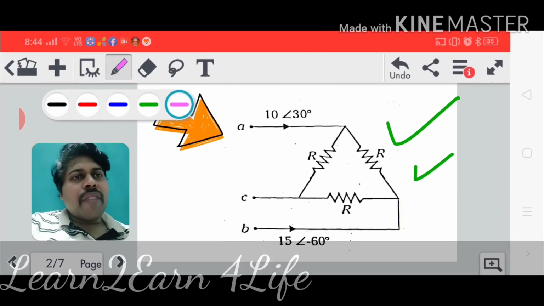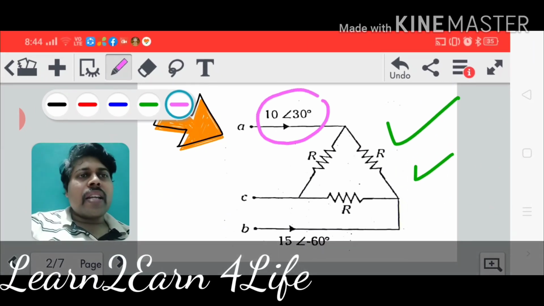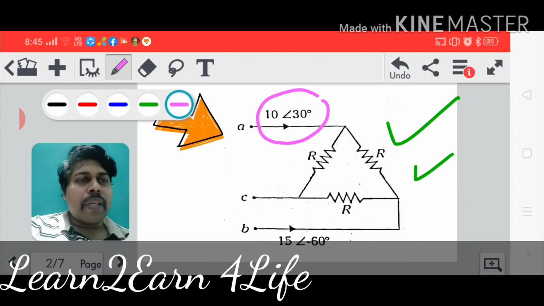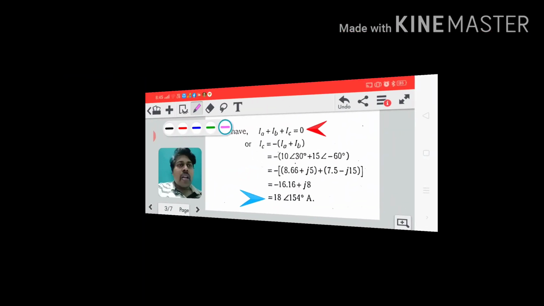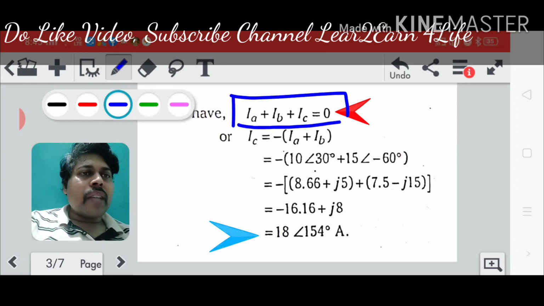You can observe here they have given the data of current in line A as 10 at an angle 30 degree, as well as the line current in line B, that is 15 at an angle minus 60 degree. We know that in a three-wire system, IA plus IB plus IC equals 0.